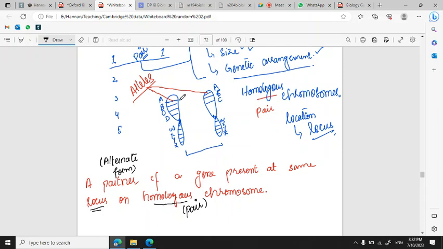The A can never be an allele to B, because the locus has changed. The A can never be an allele to C. The C can never be an allele to D, because the locus has changed. So to call a gene an allele, you must know that it is present on a homologous chromosome, and number two, it is present on the same locus. That is when we call them alleles.